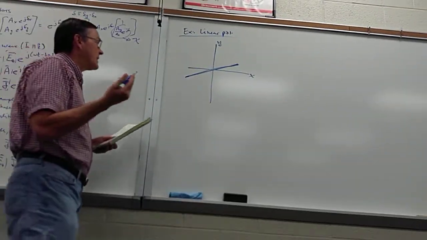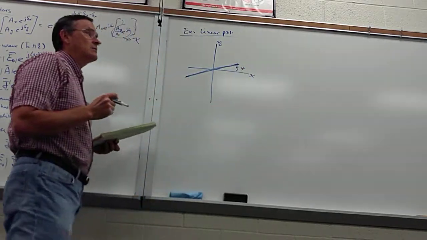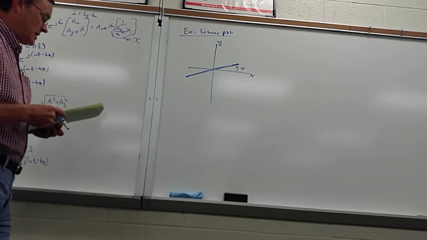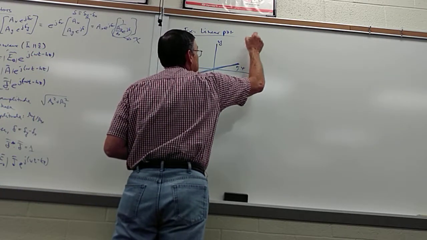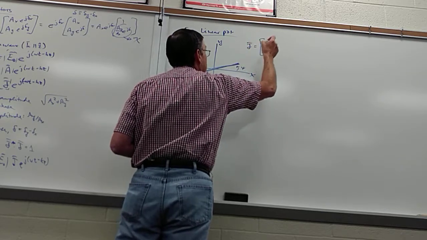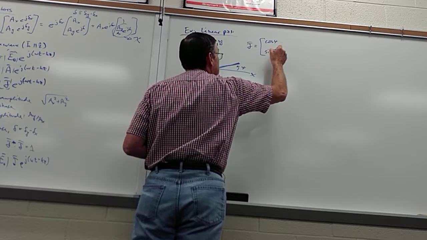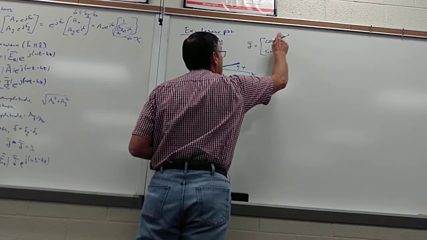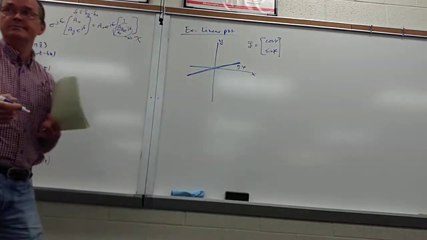And we can say that that line is at some angle psi with respect to the x-axis. And so the Jones vector we can write down as cosine of psi, sine of psi. We can write it down by inspection.